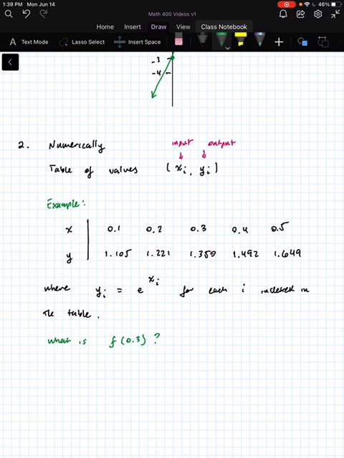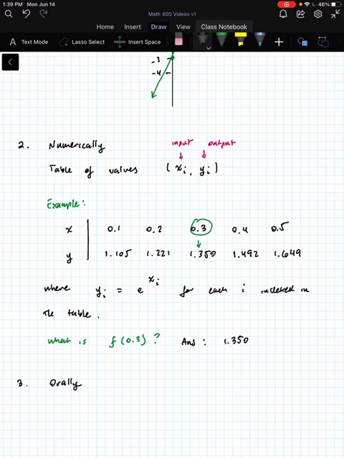What we're asking for here is, given 0.3 is our x value, what's the corresponding y value? And our answer is 1.350. We'll be using numerical representations sparsely, but they can be very, very insightful when we're not entirely sure what the behavior of a function is.